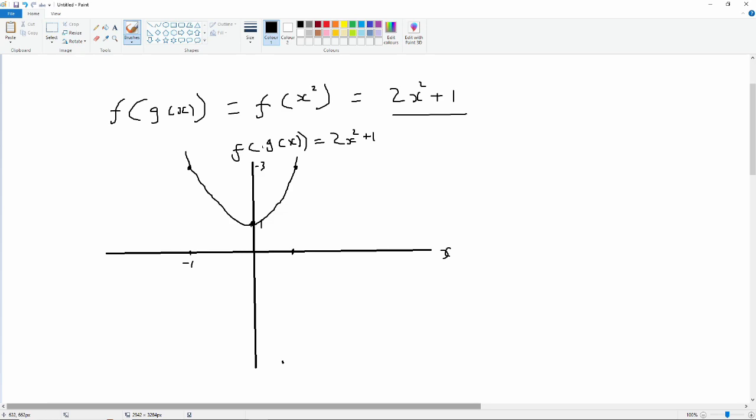So our range is going to be all real numbers such that f of g of x is equal to or greater than 1, and the domain is all real numbers.